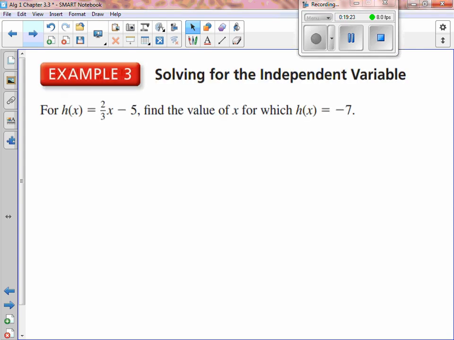Now, example 3 here. h of x equals 2/3 x minus 5. What is the value for x for which h of x equals negative 7? Are we able to find that on the note sheet?